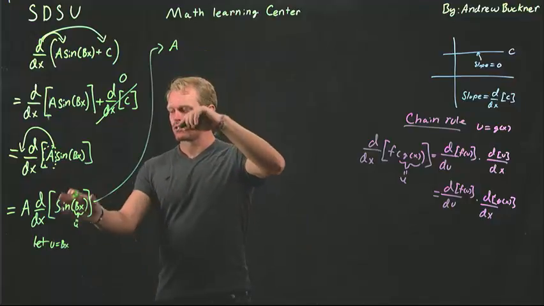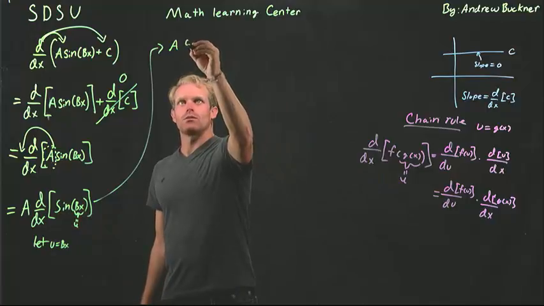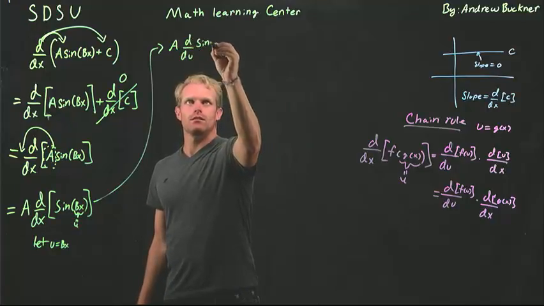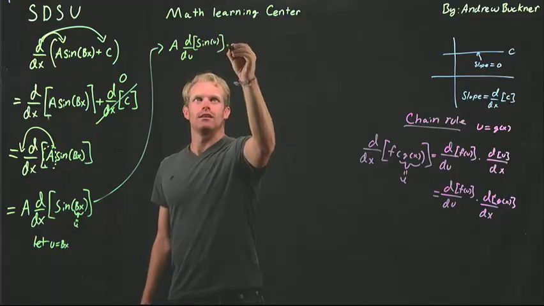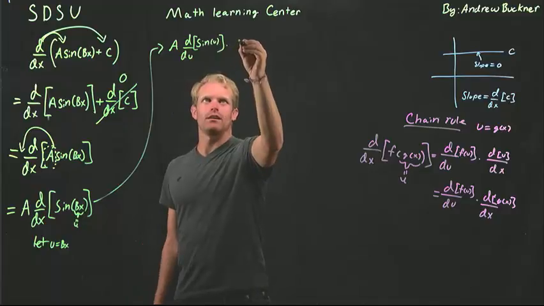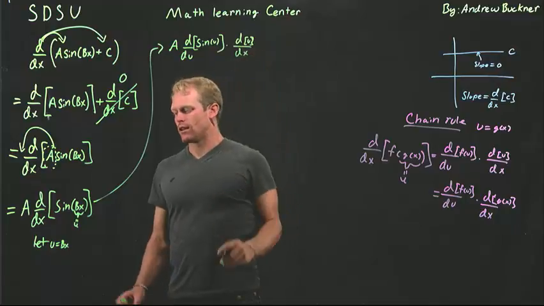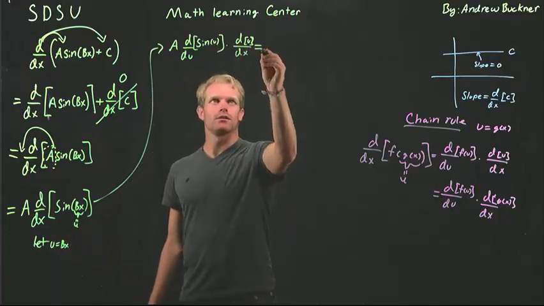So when I take the derivative of the first function here, we have the derivative with respect to u of sine of u, and then multiplied by the derivative of u with respect to x. And then for this one here, we're going to plug in the bx value.